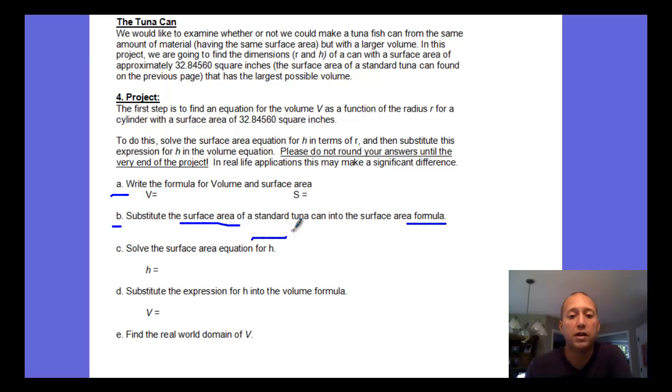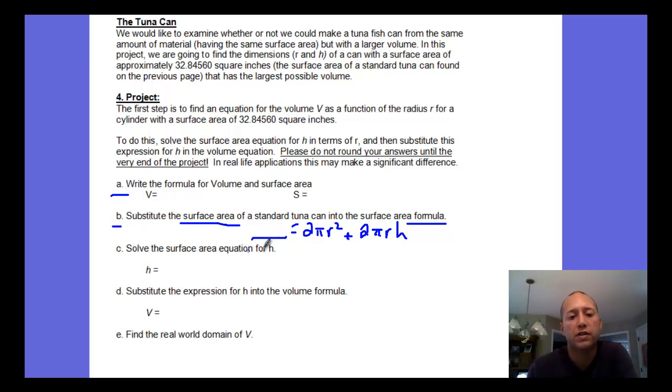So whatever the number is, and then equals, and then you're going to have 2 pi r squared plus 2 pi r h. Kind of review of surface area. This is double our base area plus the area of the outside, which is the circumference times the height.